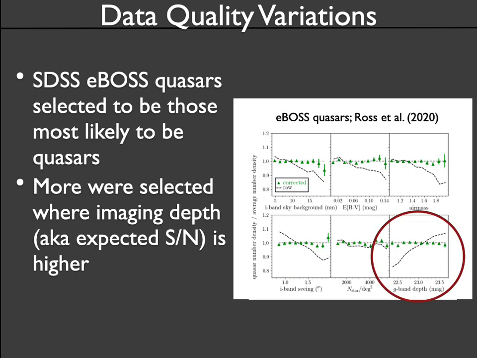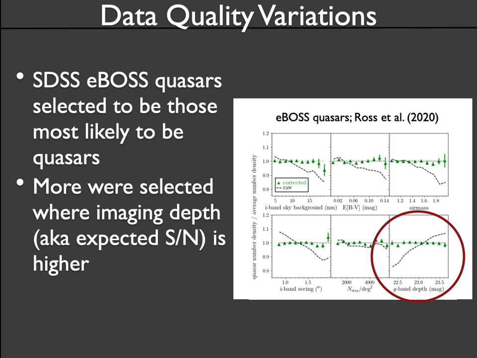And so a nice example of exactly how strongly the simple changes in the depth of the photometry can affect our galaxy counts were the SDSS eBOSS quasars. These targets were selected with an algorithm that was based on the probability of an object being a quasar, and you're able to have a greater probability of being a quasar if the imaging data is better.